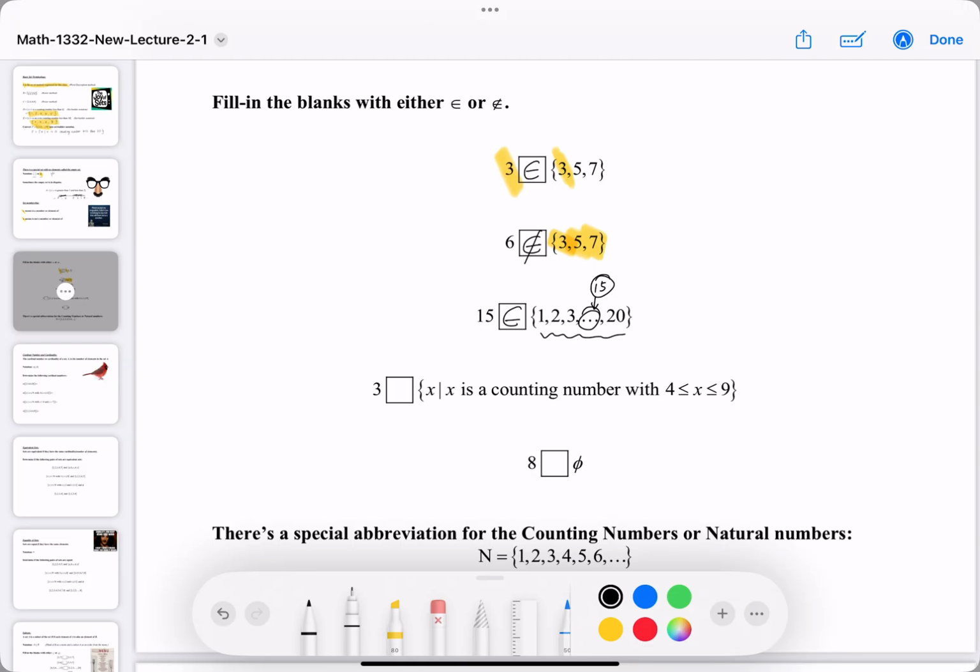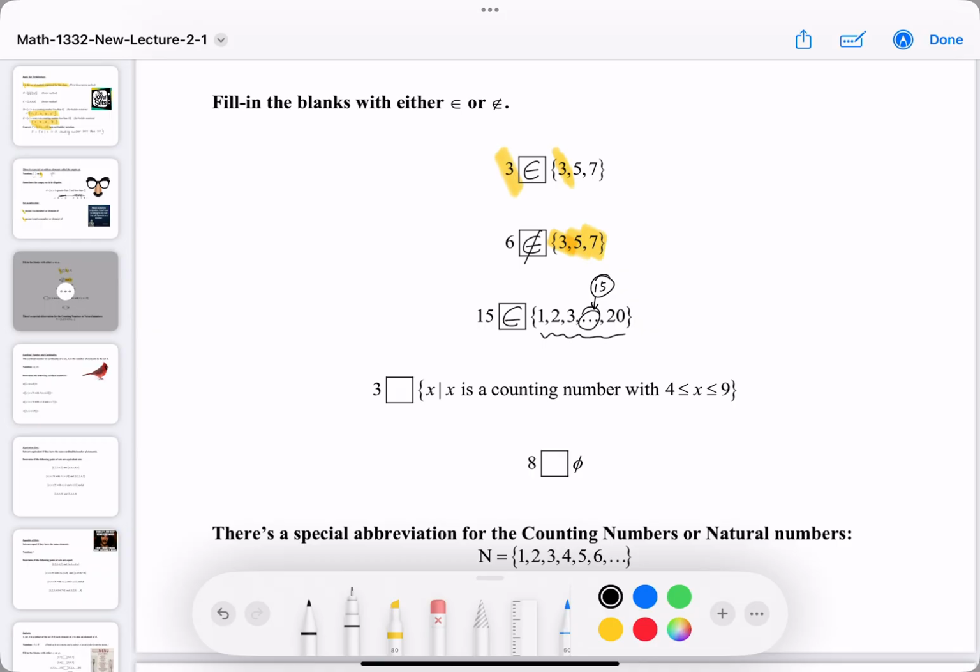Okay, let's see the next one. 3, and the set on the right is for all of the x such that x is a counting number with x greater than or equal to 4 and less than or equal to 9.